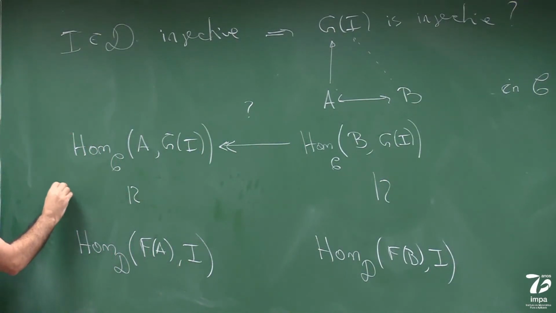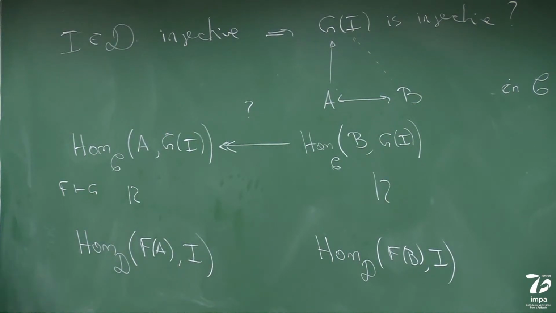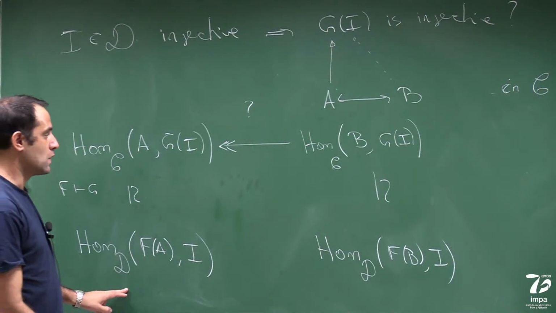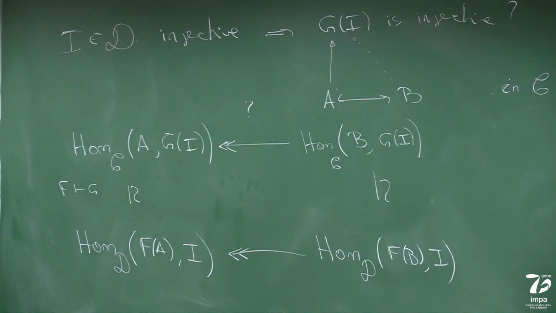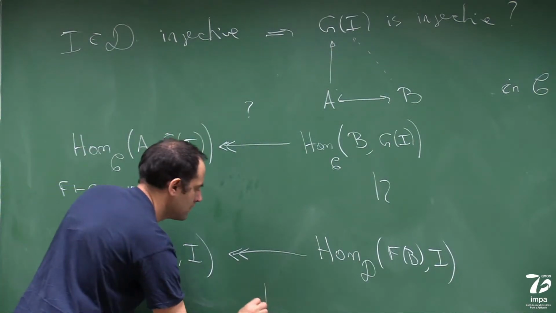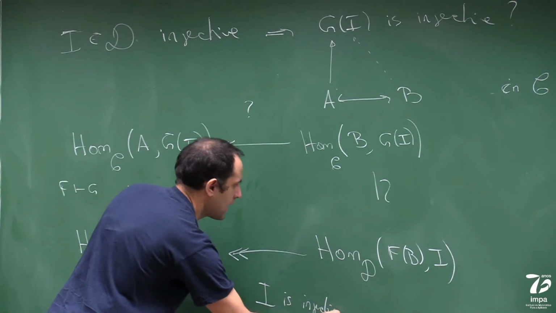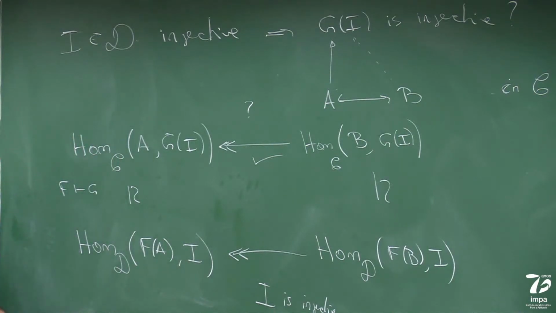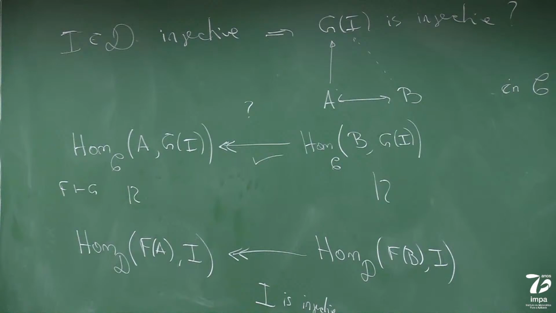That's the fact that G and F are adjoint. And now I is injective in the category D. So in this category, this is surjective because I is injective. And this diagram commutes. Therefore, this guy is surjective. Okay, so that proves that lemma.